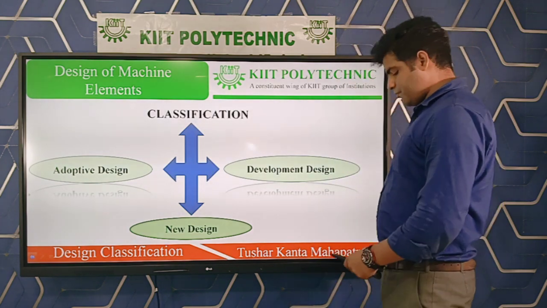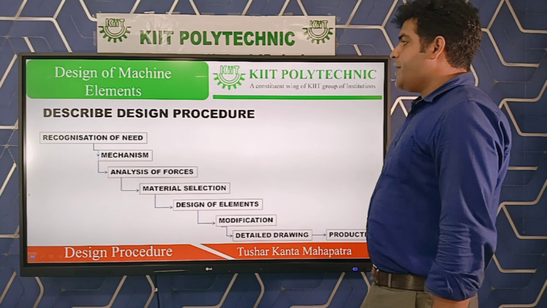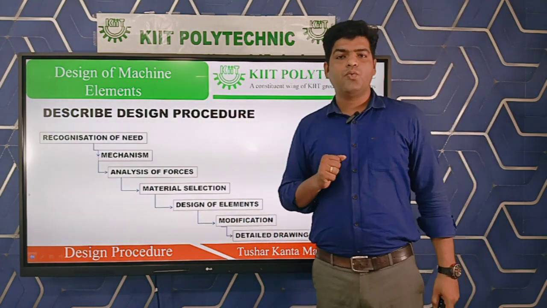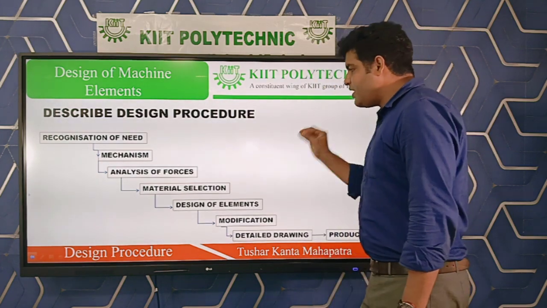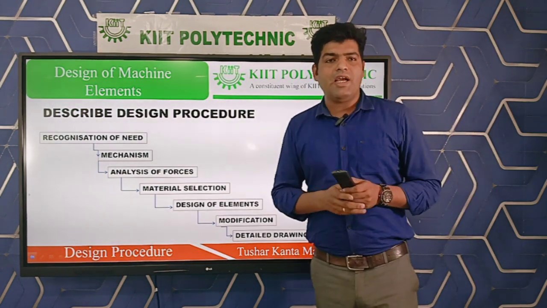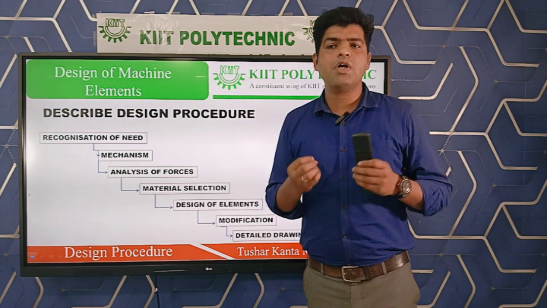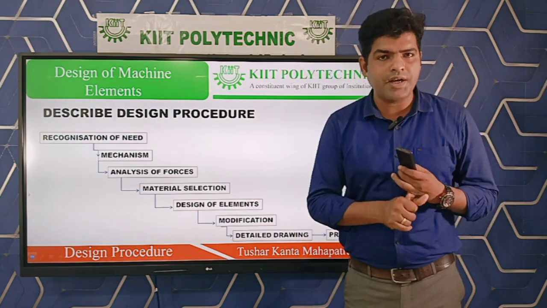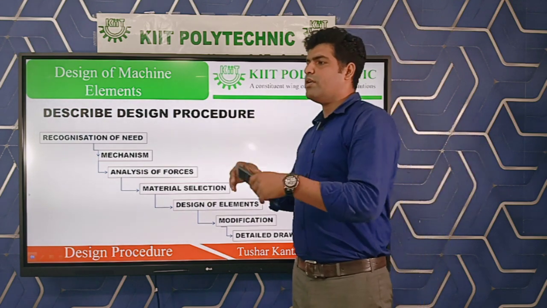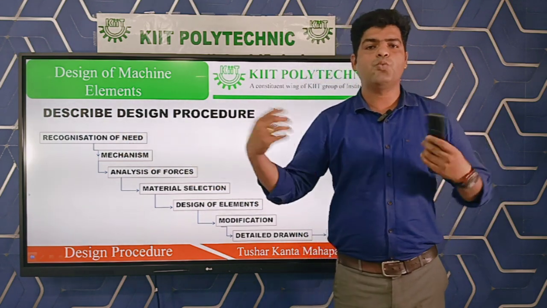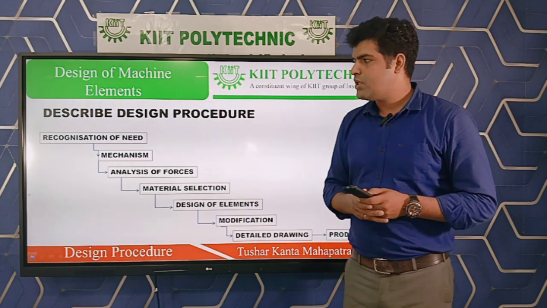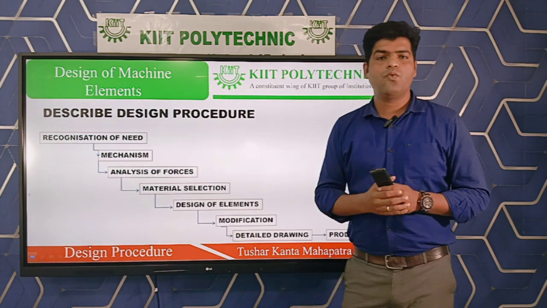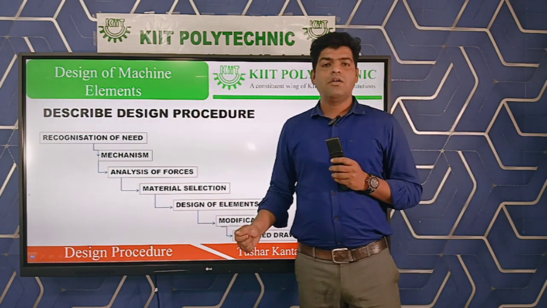Next one is design procedure. Before designing something, we gather some ideas from resources like the internet, our superiors and other people. So before you start, first is recognition of need. What is recognition of need?